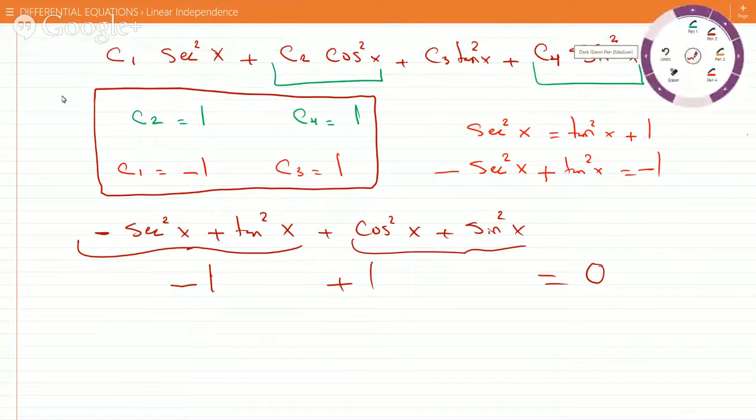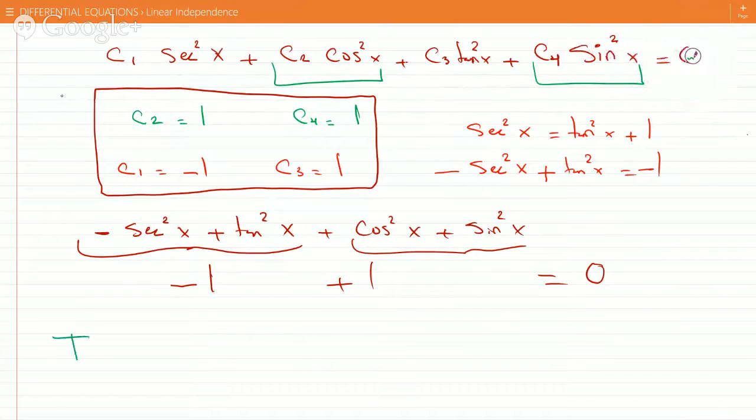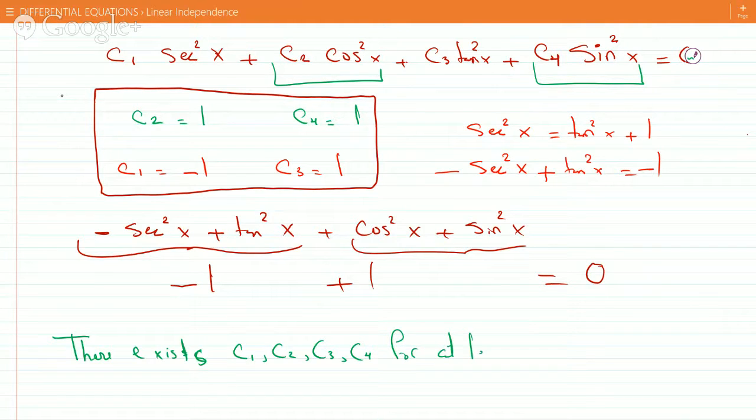You understand? So we can write in the conclusion, there exist C1, C2, C3, C4, at least one of them does not equal 0. There could be three 0 and one non-zero.